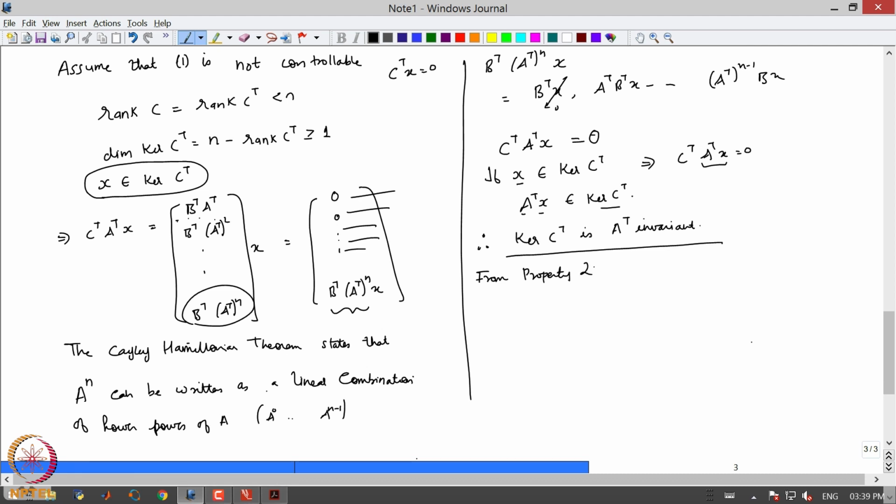So, from property 2, this kernel of C transpose must contain at least one eigenvector of A transpose.